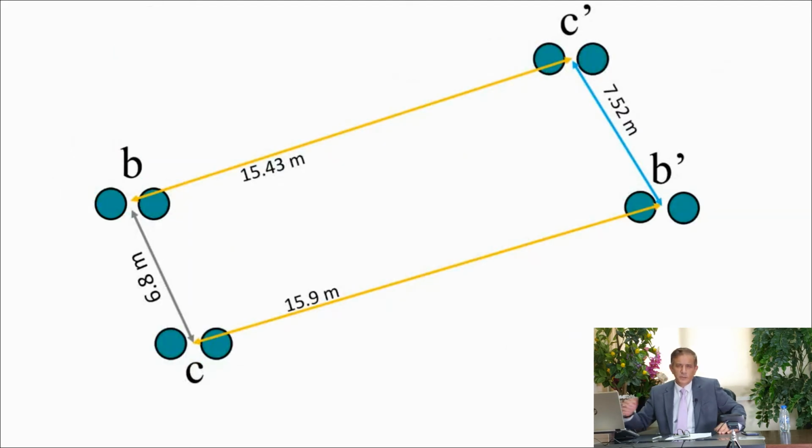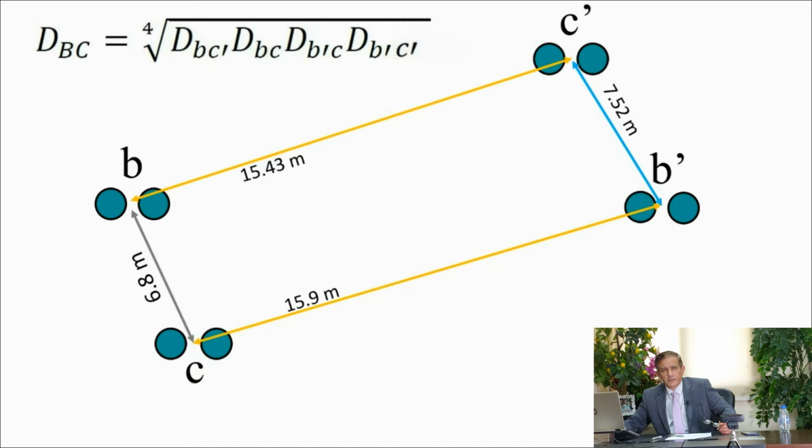Second, I will go to B and C with the same thing: BC dash, BC, B dash C, B dash C dash. For four spacings, I take the fourth root of their product and get DBC.